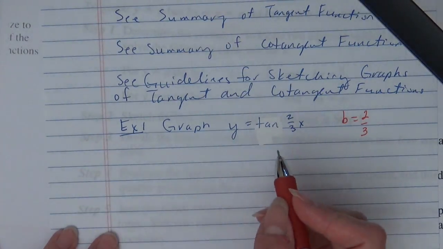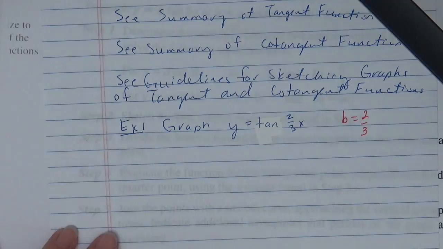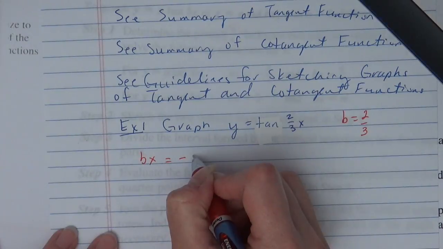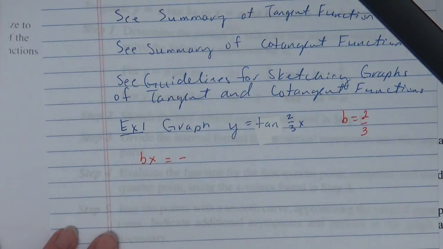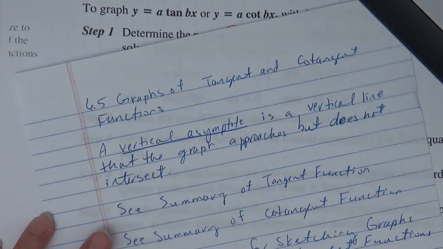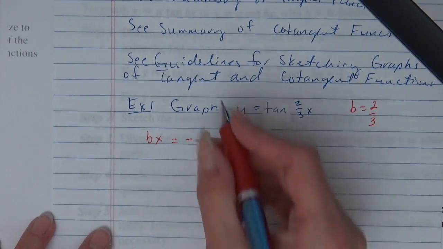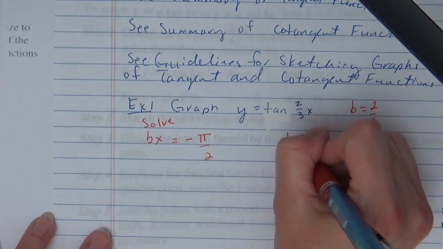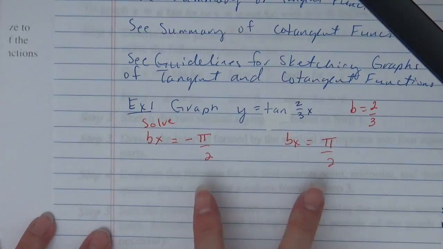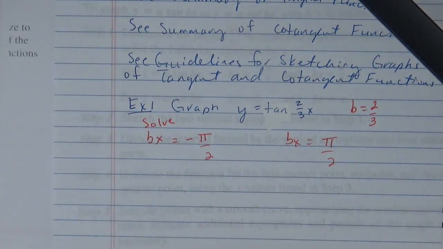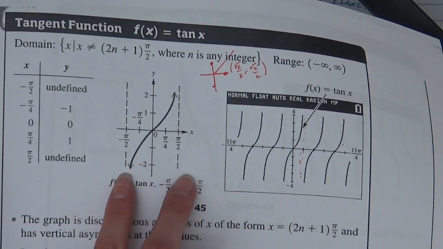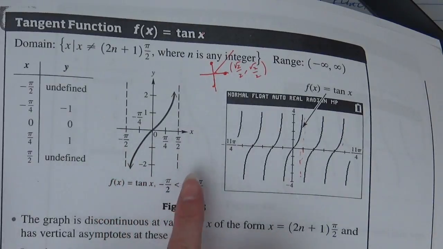So the rule is we're going to solve b times x equals negative pi over 2, and we're going to solve b times x equals positive pi over 2, because we know that those are where the asymptotes occur on the original tangent function, as we saw on our paper here. So because those are the original asymptotes, that's what we're going to set b times x equal to, this one and this one.